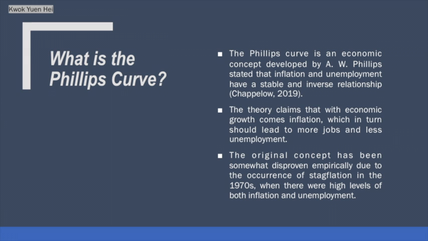First, let's talk about what the Phillips curve is. The Phillips curve is an economic concept defined by A. W. Phillips, stating that inflation and unemployment have a stable and inverse relationship. The theory claims that with economic growth comes inflation, which in turn should lead to more jobs and less unemployment.